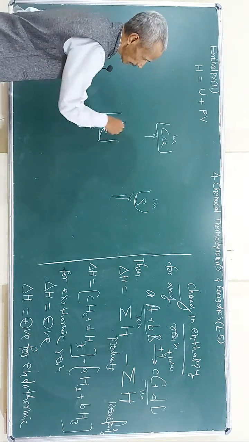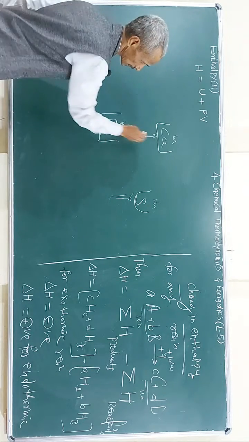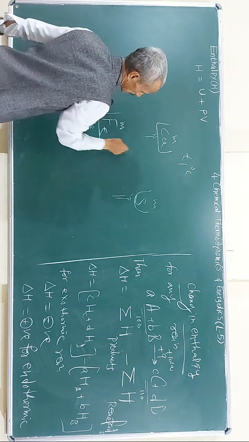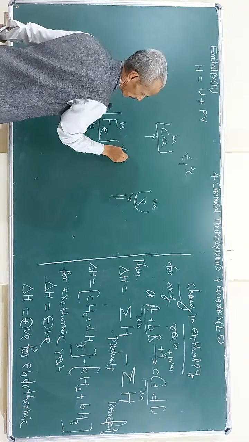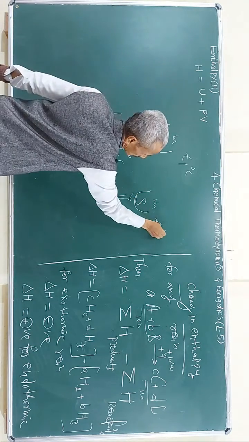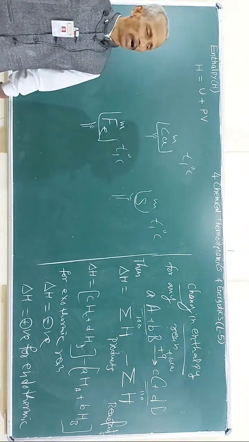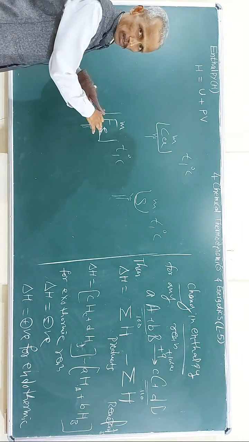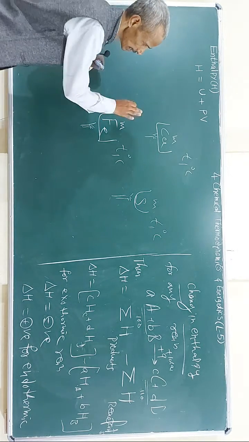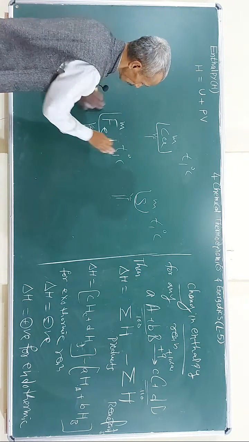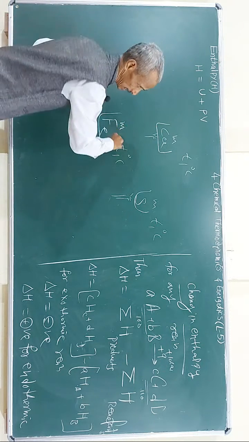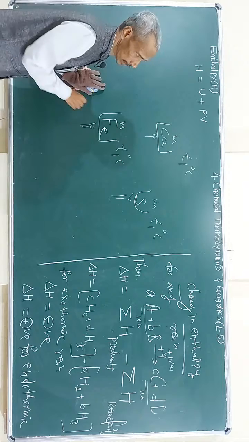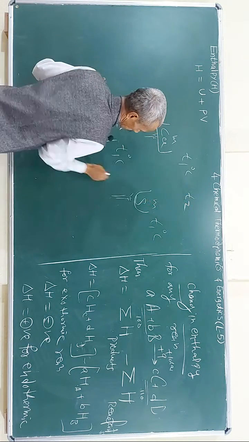The initial temperature is supposed to be T1 degrees Celsius, whatever it may be. Then after heating for the same time with the same mass, if you measure the temperature again using a thermometer, it will be T2.